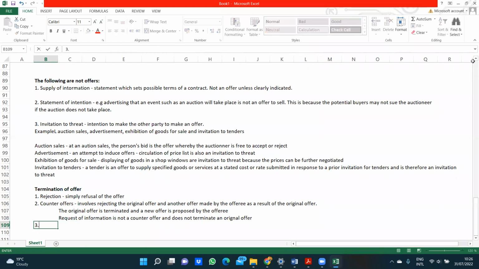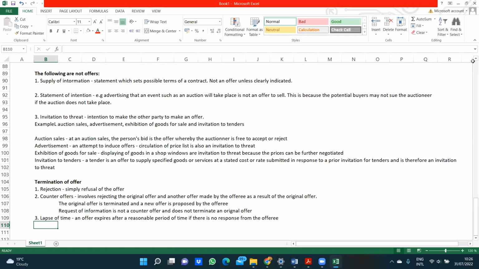Lapse of time. An offer expires after a reasonable period of time if there is no response from the offeree. Revocation.